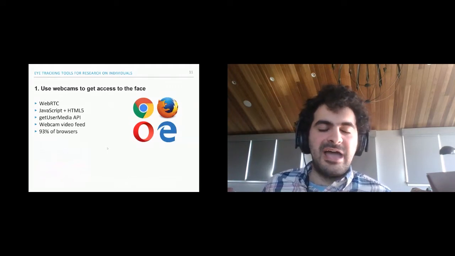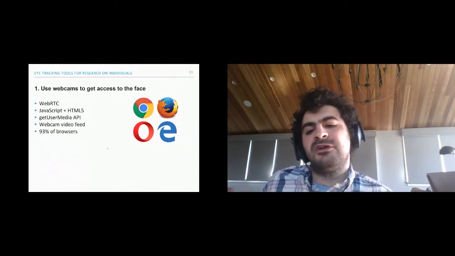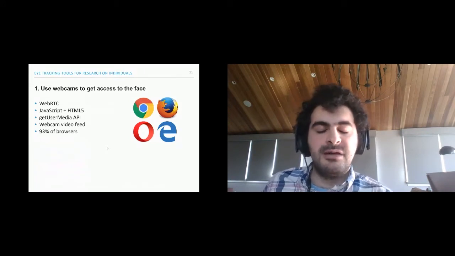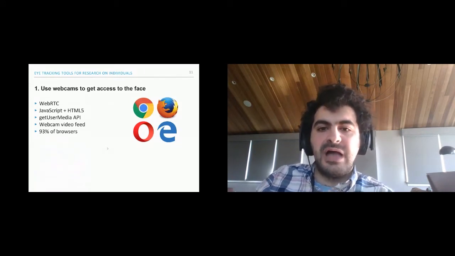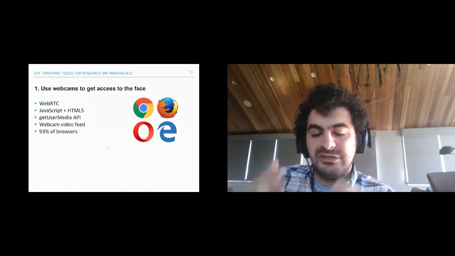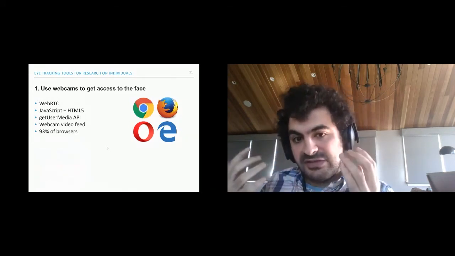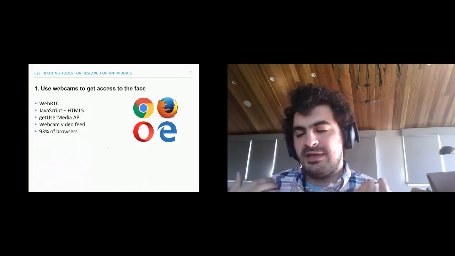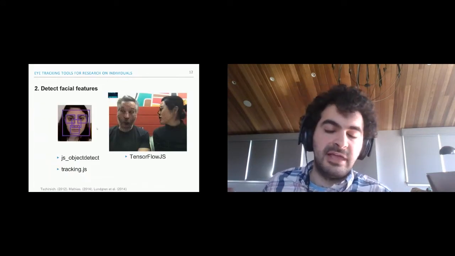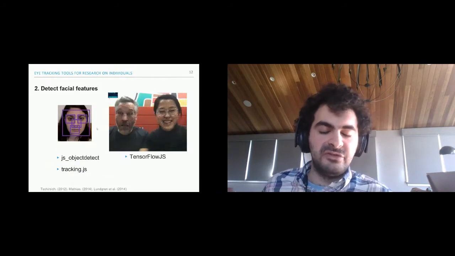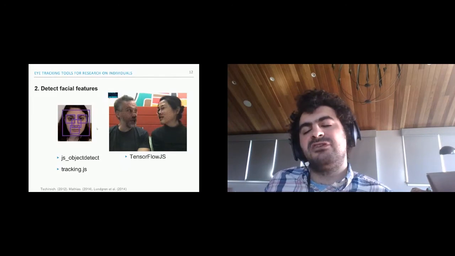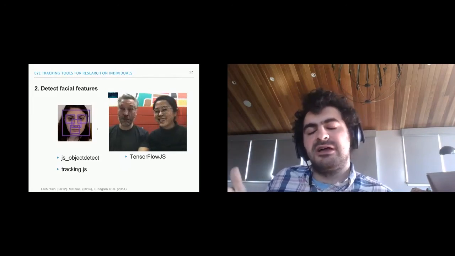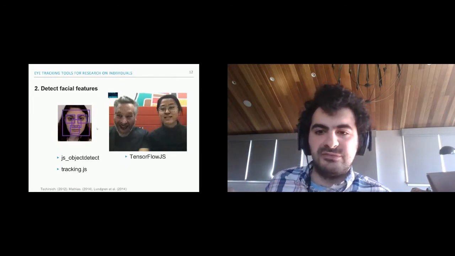Nowadays, we have modern frameworks like TensorFlow.js, which lets us do the complex math calculations you need to get all these eye points or facial landmarks across people's faces and run it at a decent frame rate. It's able to even use available hardware on the machine, like the GPU, to take care of that for you. So you don't have to rely so heavily on the CPU and therefore slow down the web page as much.